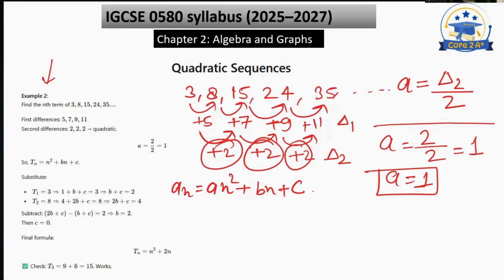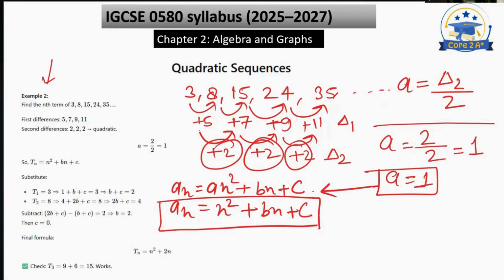Am I right? Now, A equals 1. After putting A equals 1, we are getting An equals n square plus Bn plus C. And this is a very important expression, right? This is a very important equation, you may say. And please assume this is equation number 1. Okay. After assuming equation number 1, now you are ready to get B and C. How do we get them? By putting n equals 1, 2, 3, and so on.